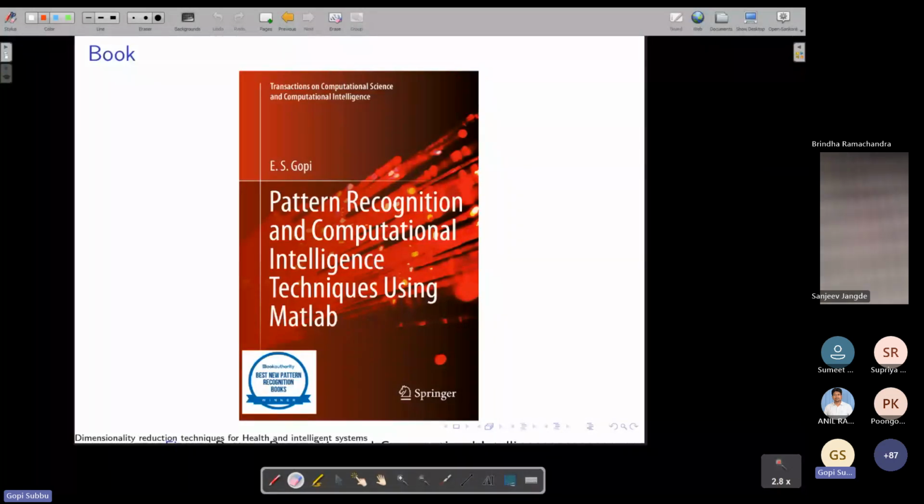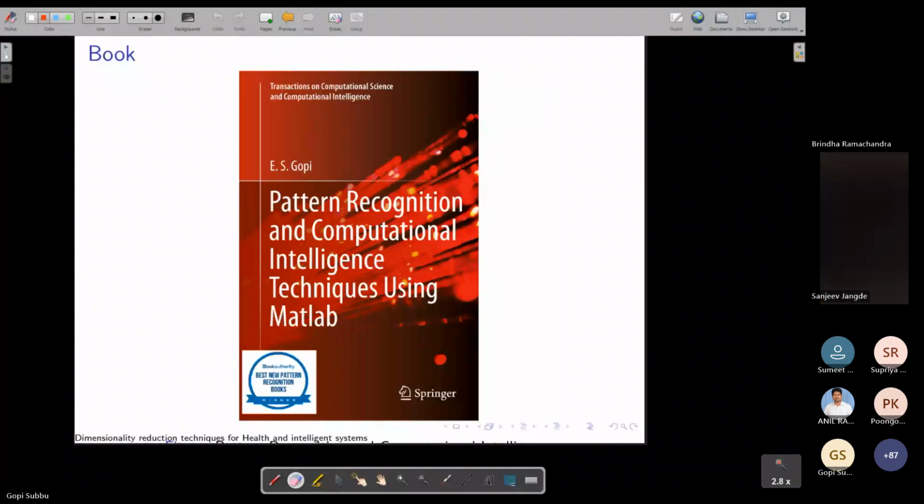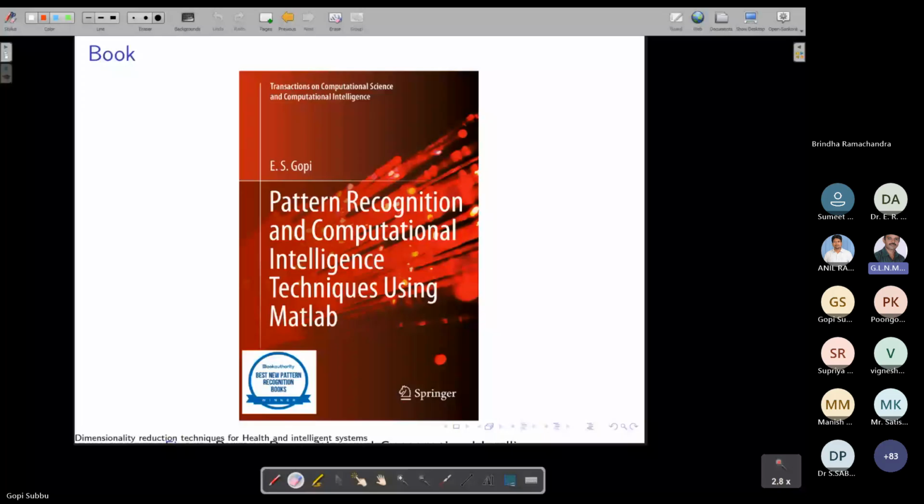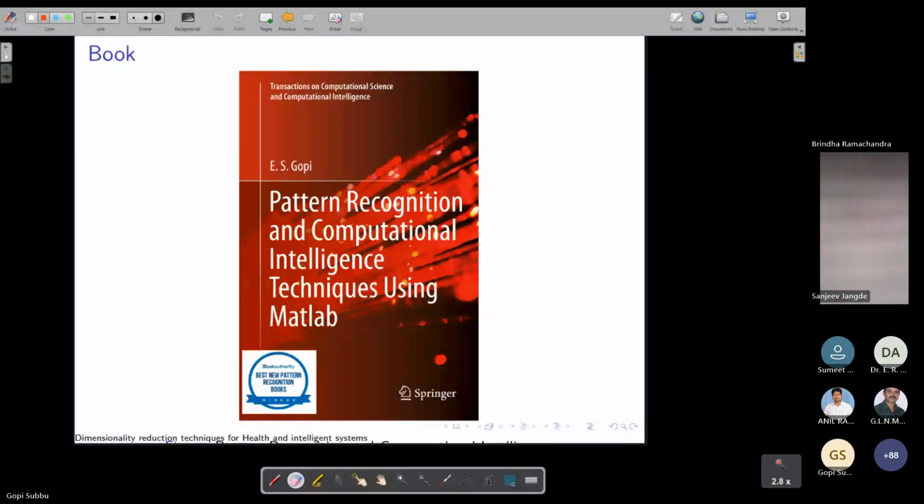I can answer, otherwise we can wind up, no problem. One more time, I request participants, if you have any query, you can clarify, because it is really rare nowadays, difficult to find this much in-depth mathematics, actually speaking. As everything is available as built-in functions, we rarely find that much depth.